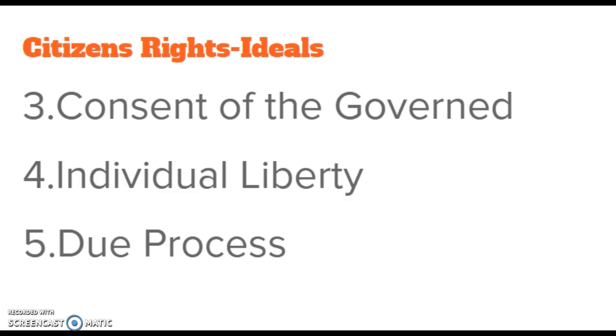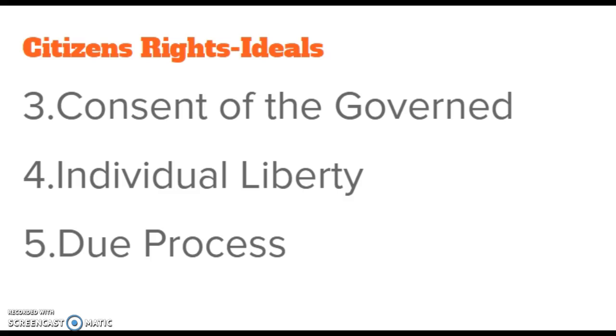Number 4 I would like you to write down is the concept of individual liberty. The concept of liberty, you can also call it freedom. Every single citizen in a democratic form of government has the right to freedom, and the government should protect that right to freedom. So for example, when we start talking about the Bill of Rights in America, some of our individual liberties and freedoms that are protected are some of our First Amendment rights that you might be familiar with.